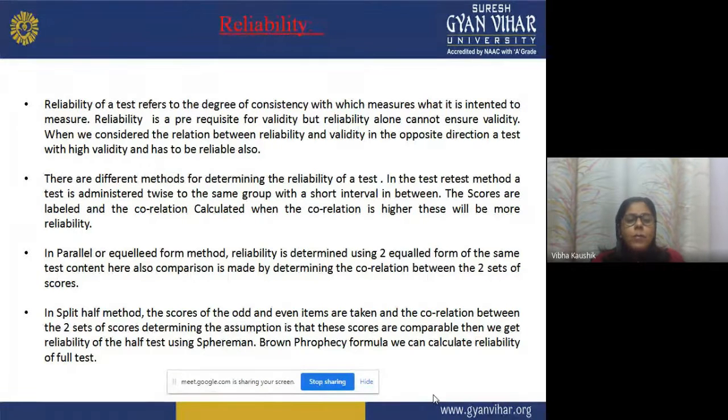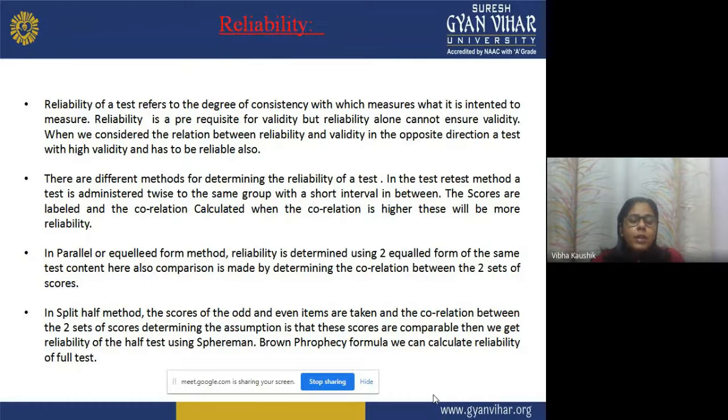Here also the comparison is made by determining the correlation between the two sets of scores. It means two equal or parallel forms of the test are given, and after administering these two tests, you will get some scores, and the reliability will be established by correlating the test scores between the two sets.